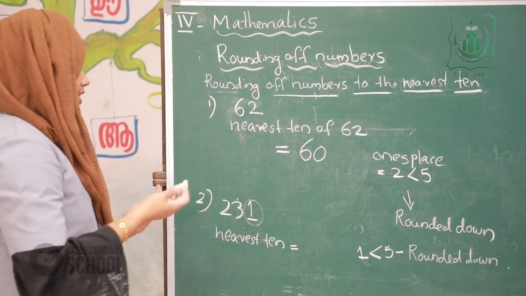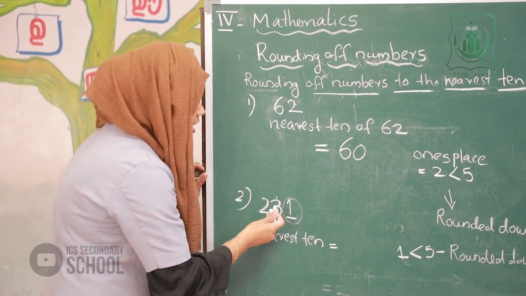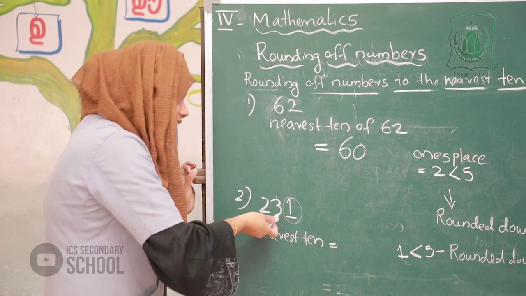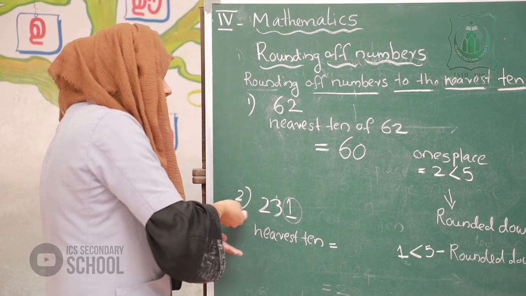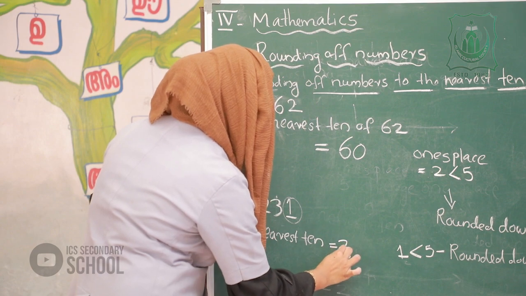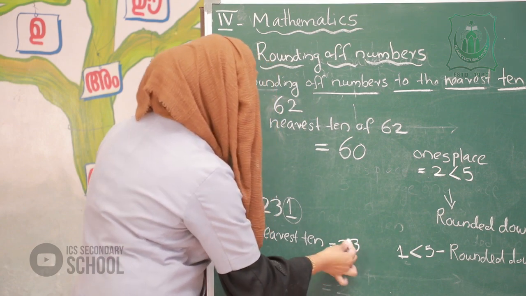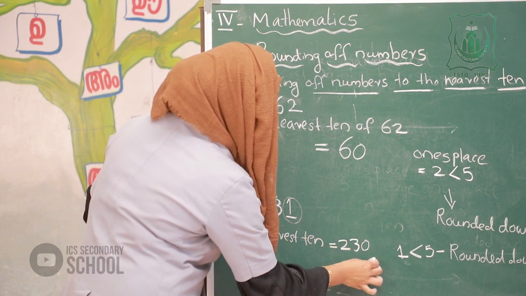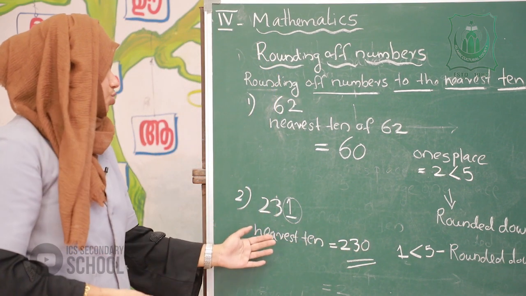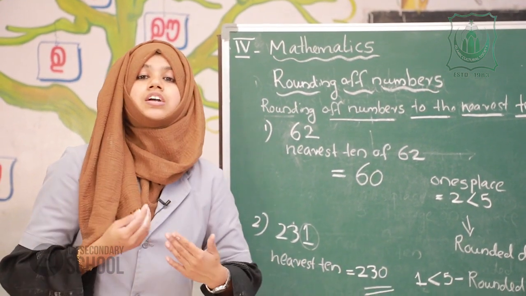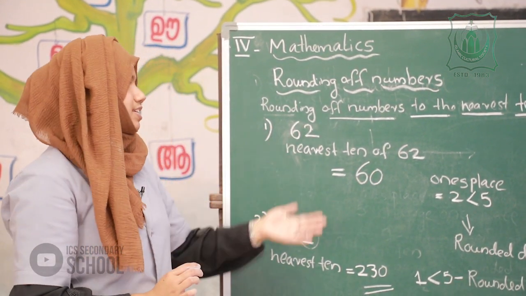Then there is no change in the tens, and if there are hundreds or thousands, there is no change in those either. So write the tens and hundreds place, then change the ones place to 0. So the nearest 10 of 231 is 230. Okay, is it clear?